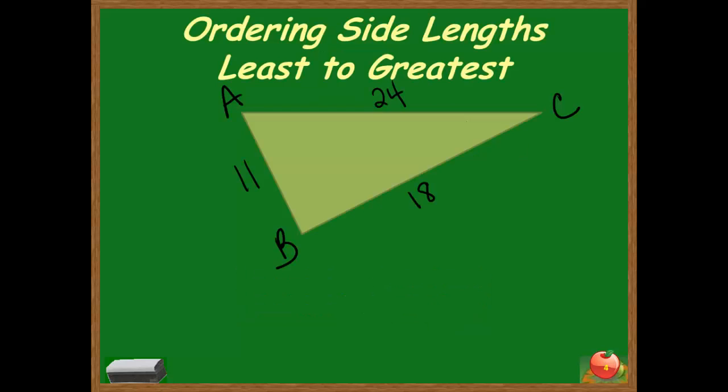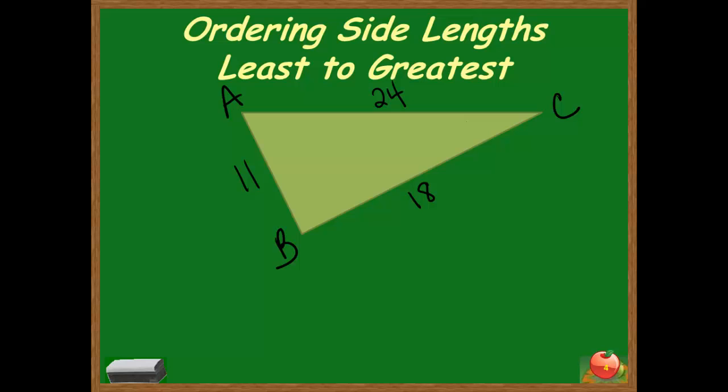For this one, I want us to write the side lengths from least to greatest. I'm not going to write 11, 18, 24 because that's not telling me which sides they are.